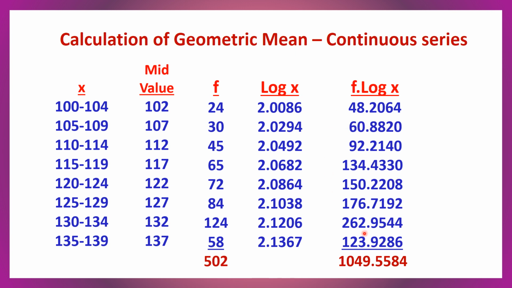Then we have to sum up all these values in the f into log x column. And here it is 1049.5584. Another thing that we need to apply in the formula is sigma f, or the n. Here it is 502.